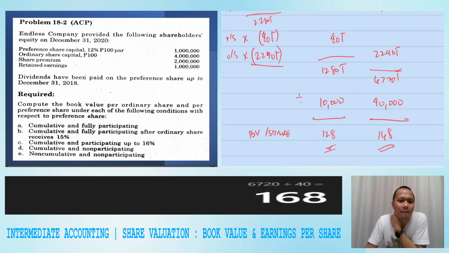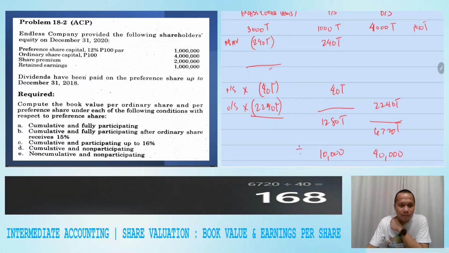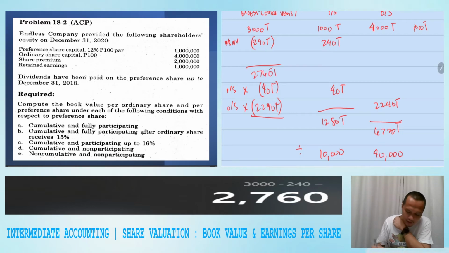So, let us continue. Cumulative but non-participating. Made even easier. Why? Because when it is non-participating, even if cumulative, there is no privilege for the ordinary share anymore. So the excess now is 3,000,000 minus 240, that is only 2,760,000.